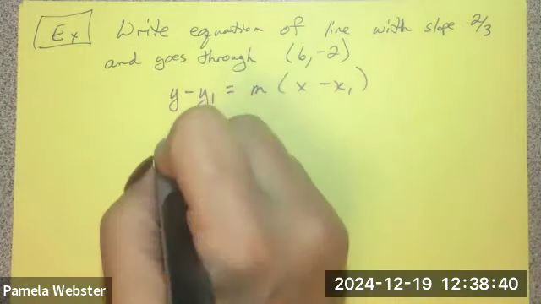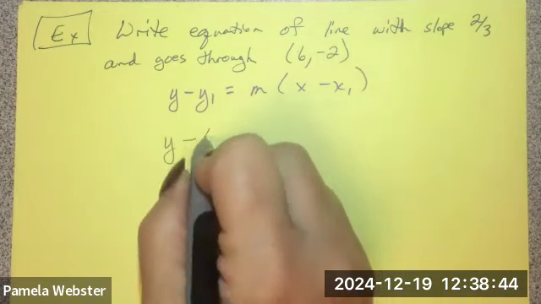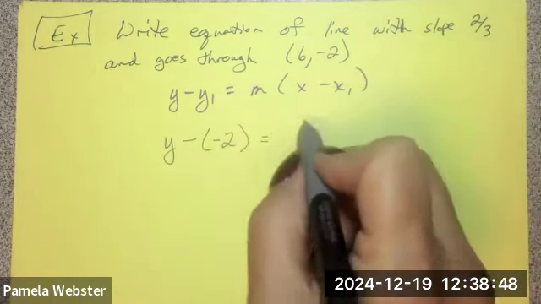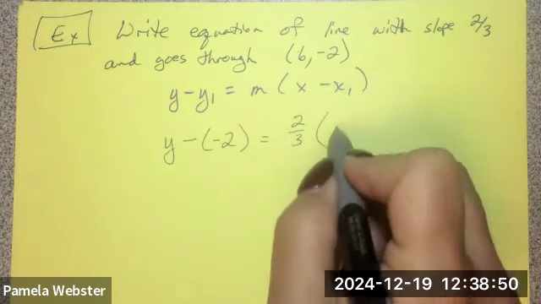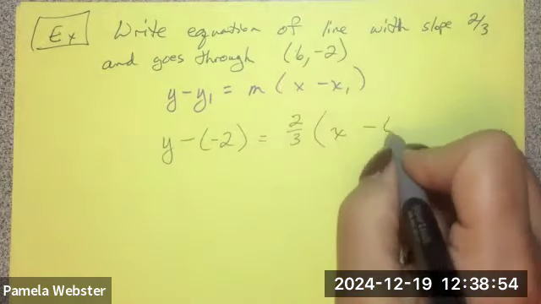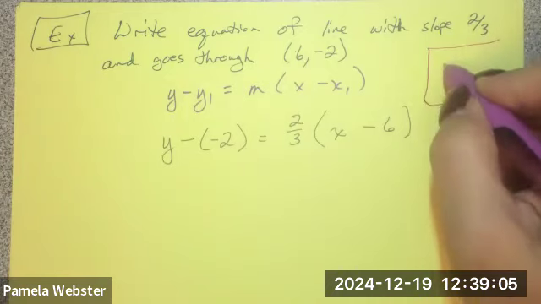So y minus the y1 here is a -2 equals m, which is 2/3, times x minus the x1 here is a 6. Okay, so hopefully you can plug those things in pretty well. If you need to, you can come off to the side and make yourself a little side notation.